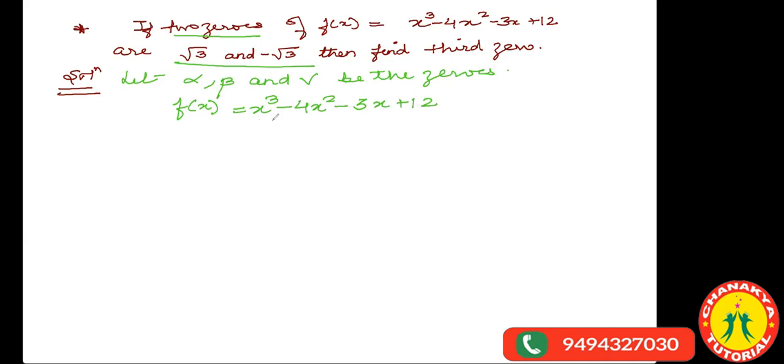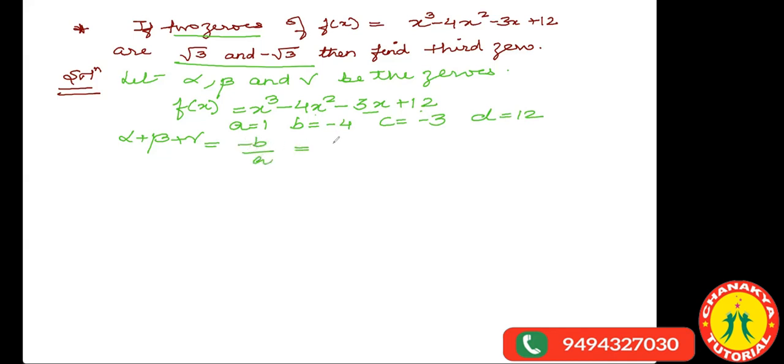Now, first of all, children, calculate the sum of the zeros, alpha plus beta plus gamma. So write the values of A, B, C, D. Value of A is 1. Next, value of B is minus 4. Value of C is minus 3. And then D is 12. Clear? Now alpha plus beta plus gamma is minus B by A.